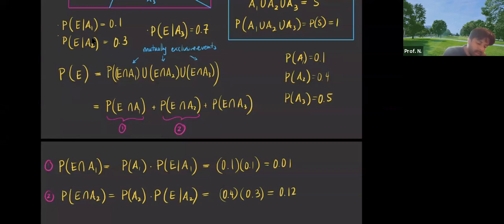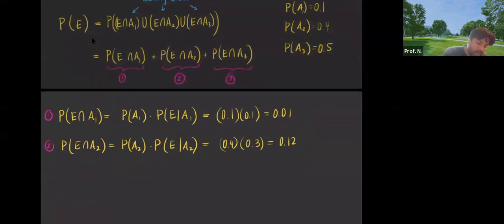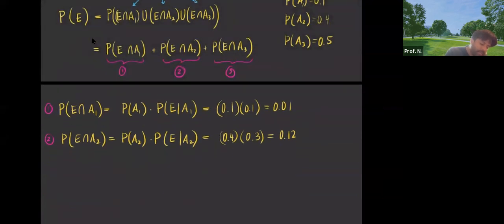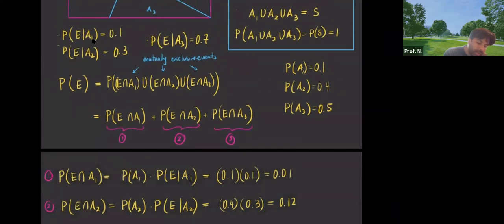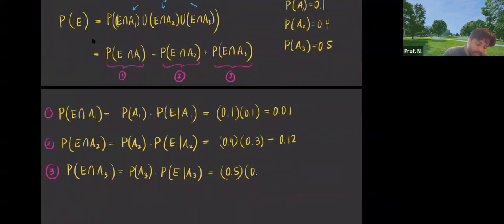And then lastly, the probability that E intersect A3 is equal to the probability of A3 multiplied by the probability of E given A3: 0.5 multiplied by 0.7, which is 0.35.